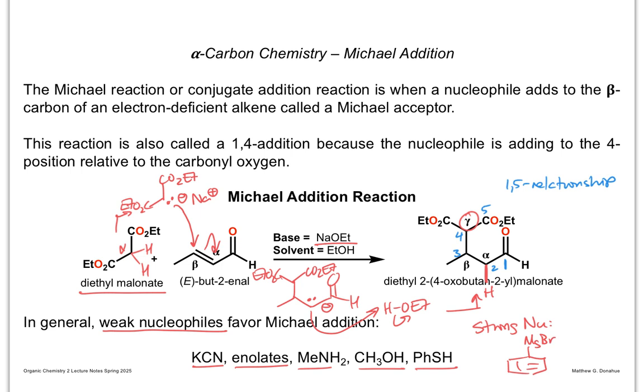Say you had a Grignard reagent. That would be a strong nucleophile. So those typically would not undergo a Michael addition. That would undergo an addition just to the carbonyl of the enal. So that's your normal addition you're used to seeing that forms an alcohol. That's called a 1,2 addition. So weak nucleophiles do 1,4, strong nucleophiles do 1,2.